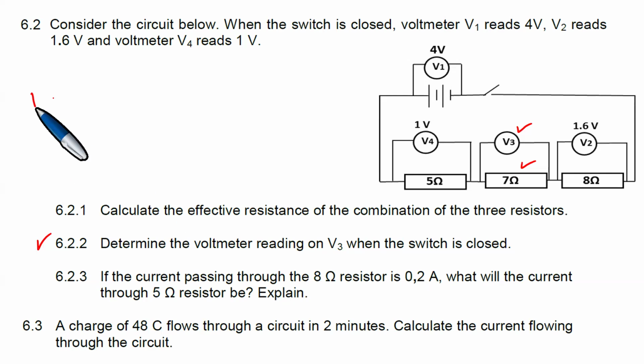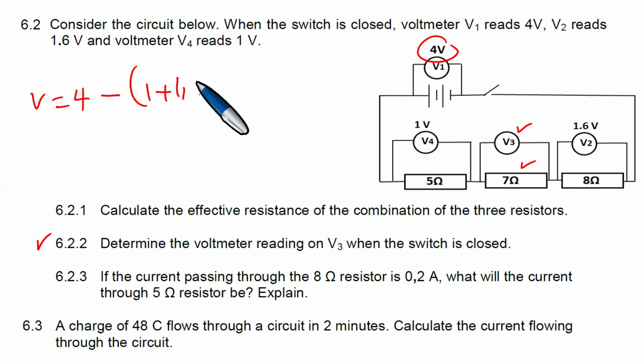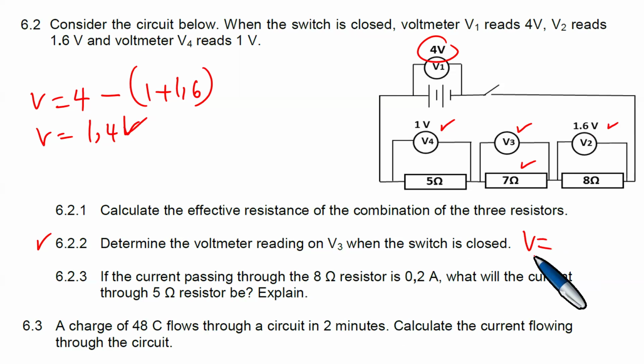We can find it by taking the total potential difference across the battery, which is 4 volts, and subtracting the 1 volt and the 1,6 volts. So from 4 we subtract 1 and 1,6 to get V3, which is 1,4 volts.